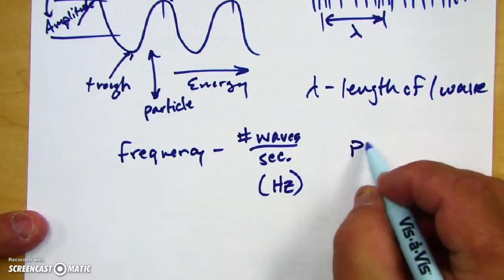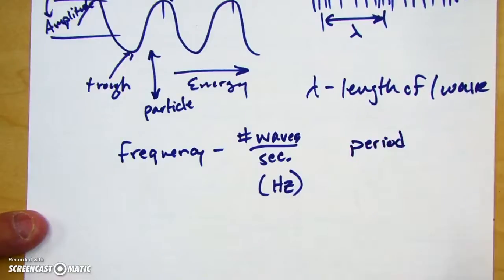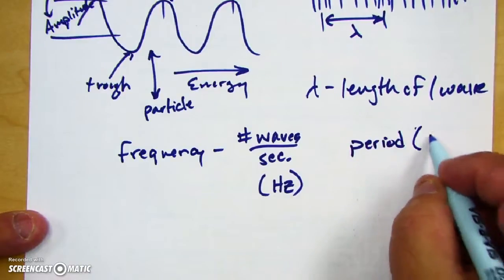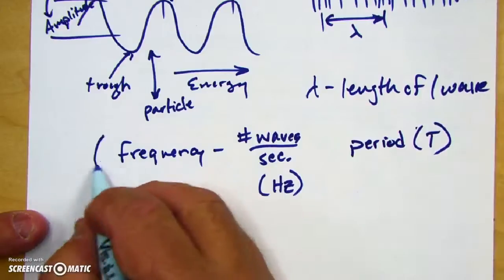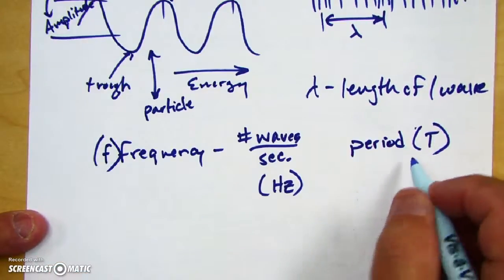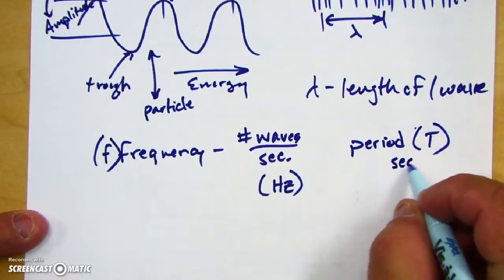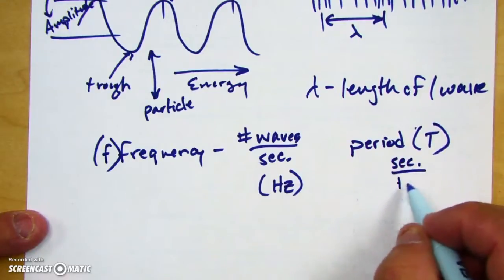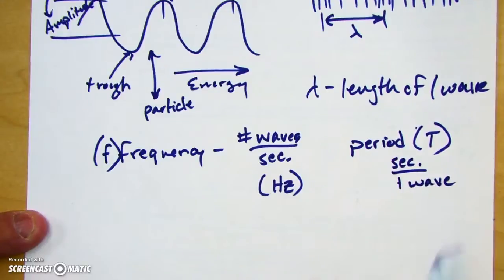We also have period. Period is denoted with capital T. Frequency is denoted with lowercase f. Period is the number of seconds for one wave. We oftentimes don't say wave, we just say it has a period of so many seconds.